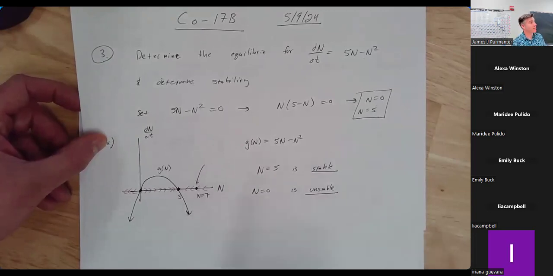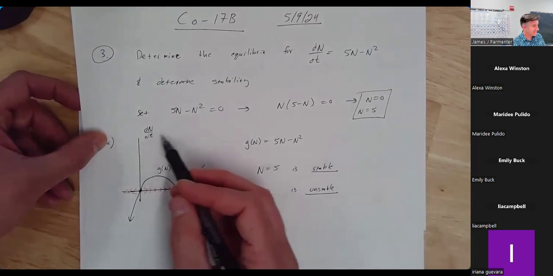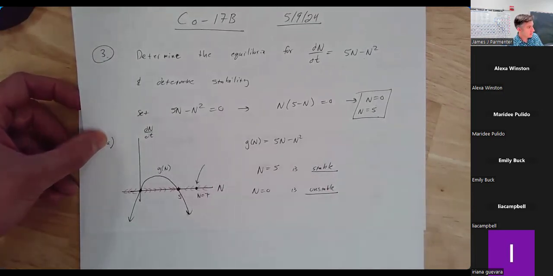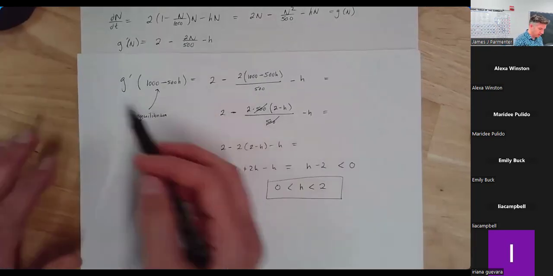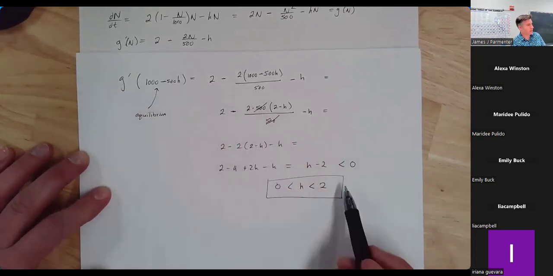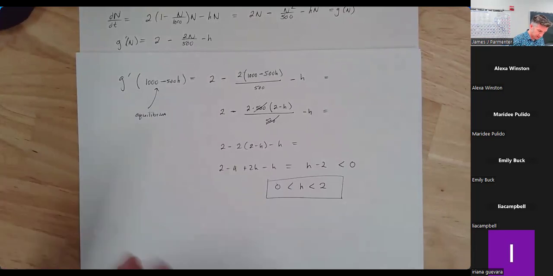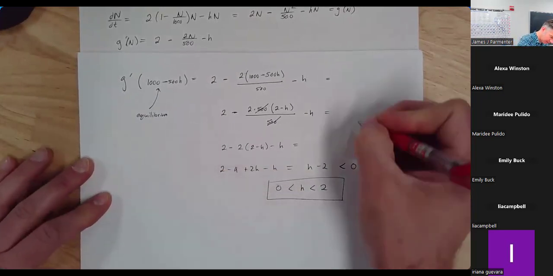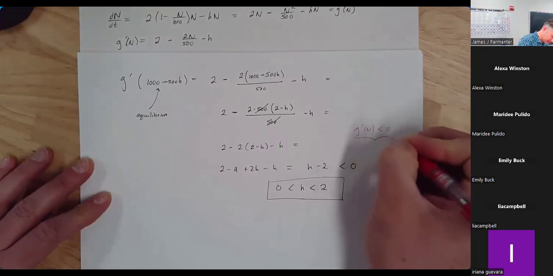And so that's actually how I'm getting the criterion, saying, oh, I know that if I take the derivative of whatever dn dt is equal to, if my equilibrium point has a negative derivative, it's going to be stable. So I said, oh, I took my derivative, I plugged in my terrible equilibrium, I simplified it a whole bunch, and I said that I know to be stable, right, this derivative, this g prime of n, being less than 0, that's what's giving me stability.